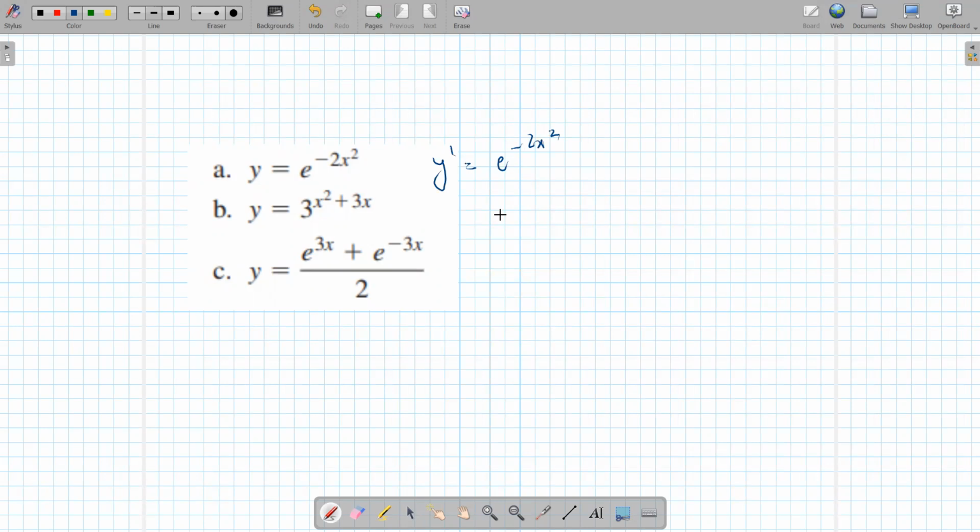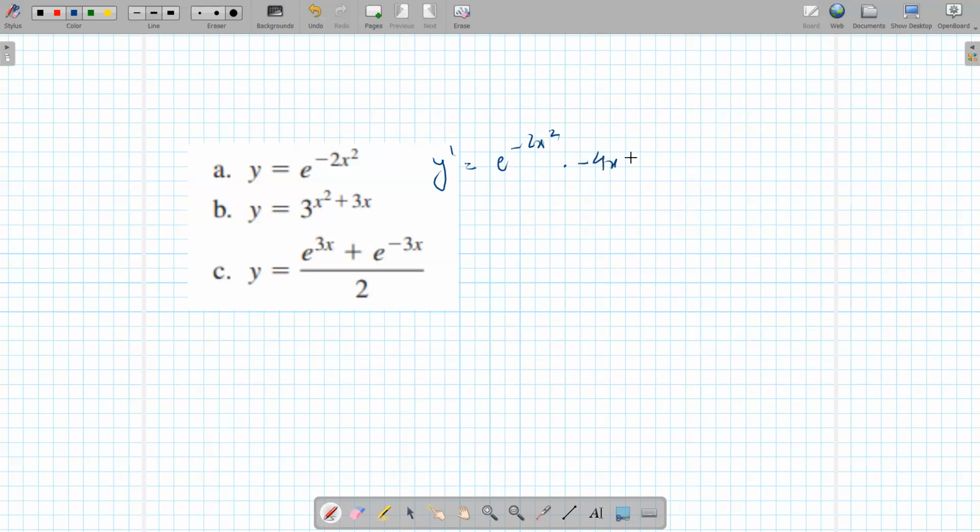No. What do we multiply by? With the exponent. So minus 2x squared. You multiply it with the derivative of the exponent. What would that be in this case? Negative 4x. And that's it for that question. Times minus 4x.